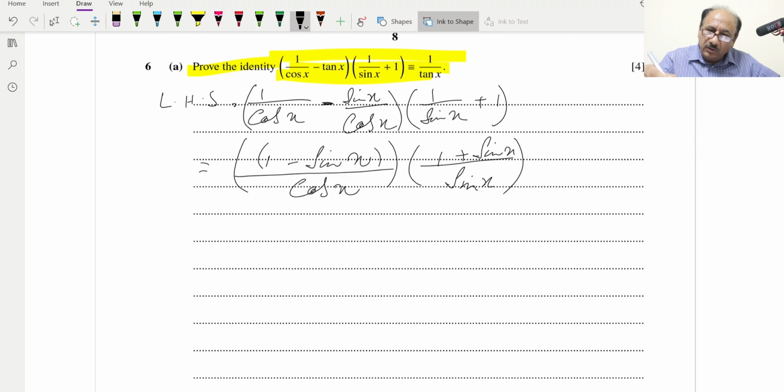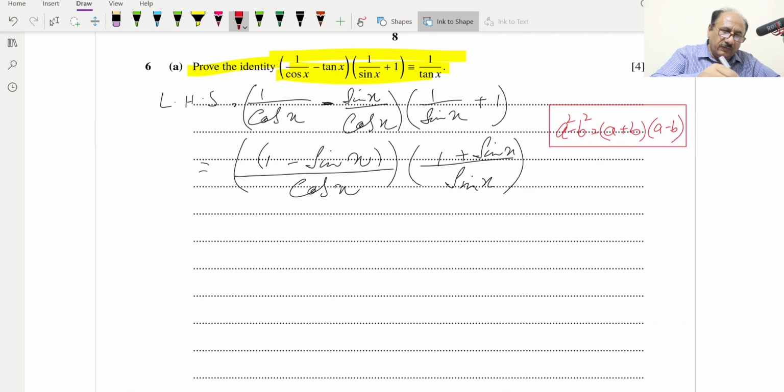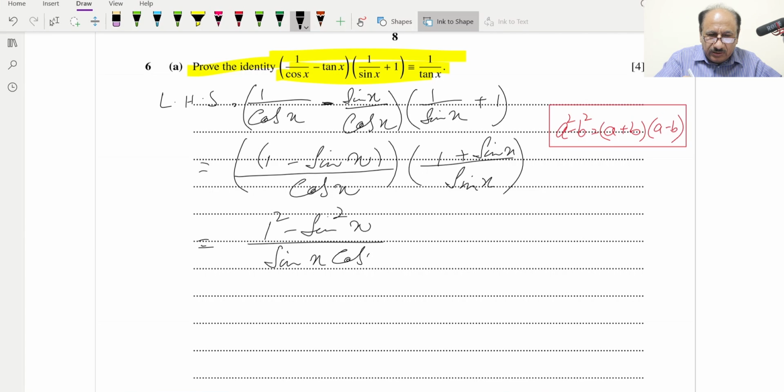Now we know a formula, what is the formula? a square minus b square is equal to a plus b into a minus b, and by this formula we can write these two numerators, 1 minus sine x and 1 plus sine x, as 1 square minus sine square x, divided by sine x cos x.